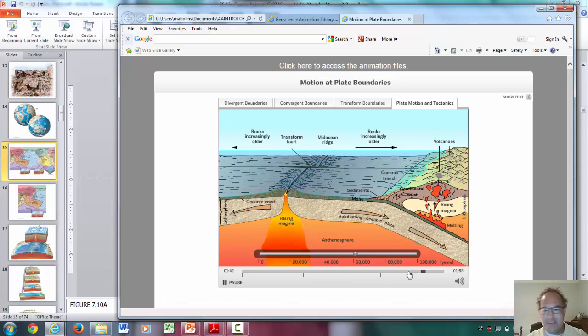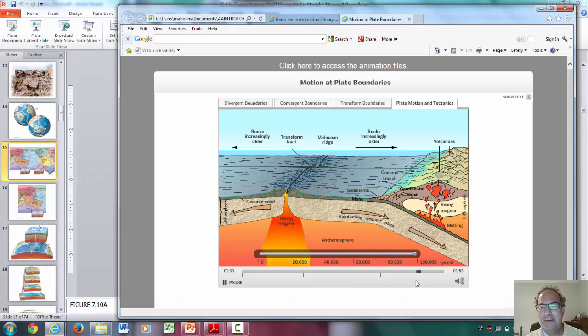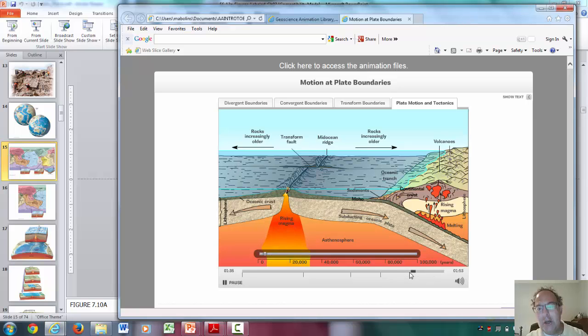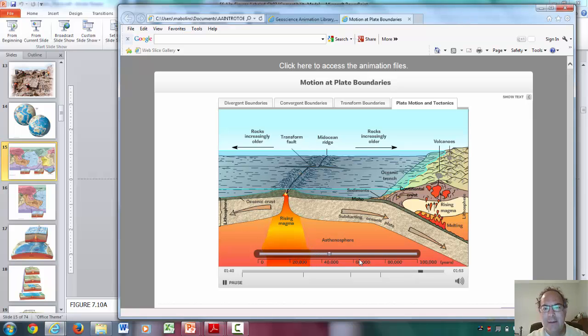They're better developed at some of these ocean-continent convergent plate boundaries than at others. But in many of them, you do find these trenches, these deep spots in the ocean where one plate goes down underneath another plate. That's the ocean-continent convergent plate boundary. So the second of the three major categories of plate boundaries, convergent, three subtypes. This is ocean-continent.